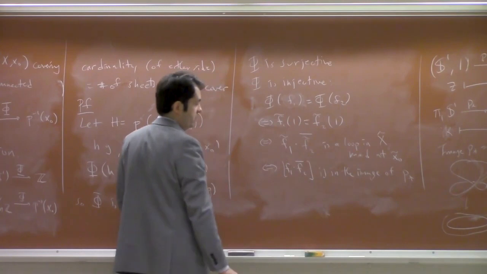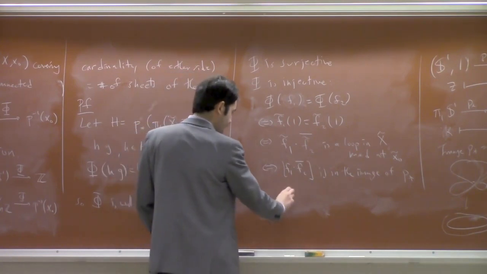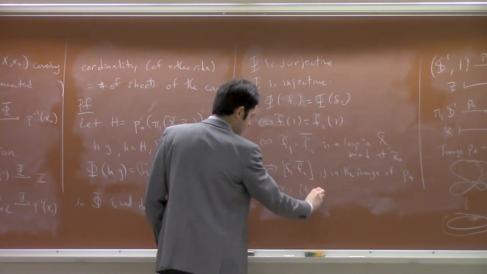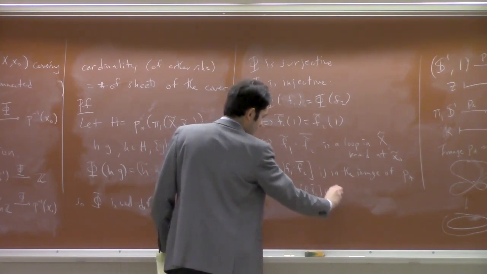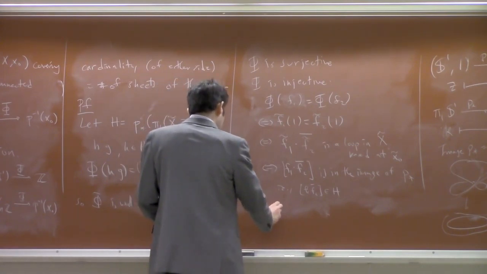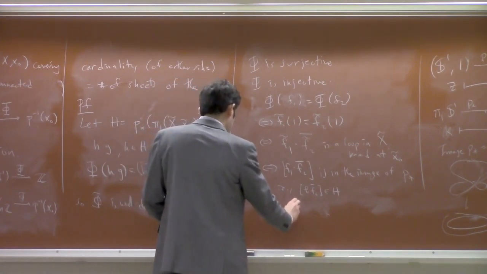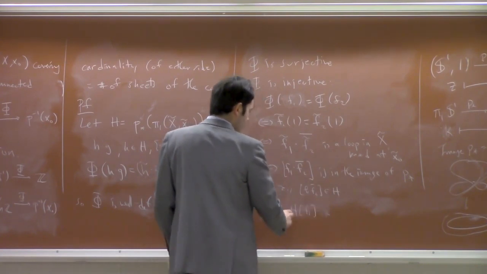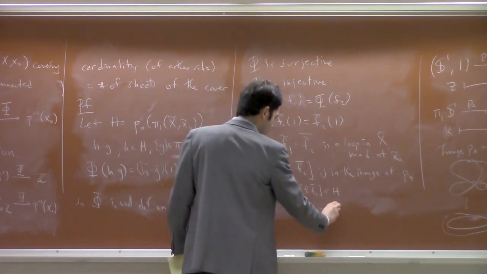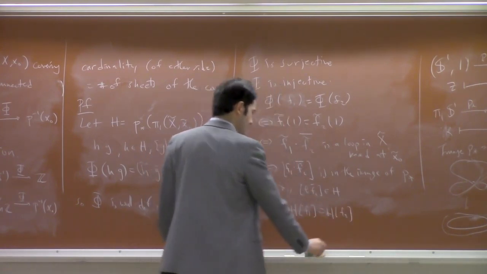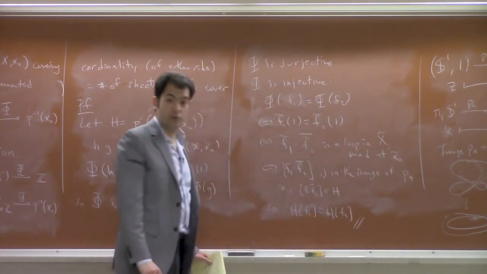So this is in the image of P star, which is H. But then that tells you that the right coset of F1 and the right coset of F2 are the same, which is what we wanted to show.